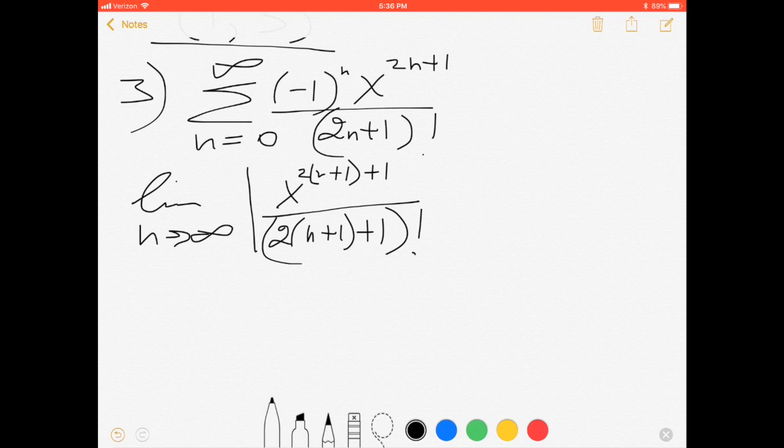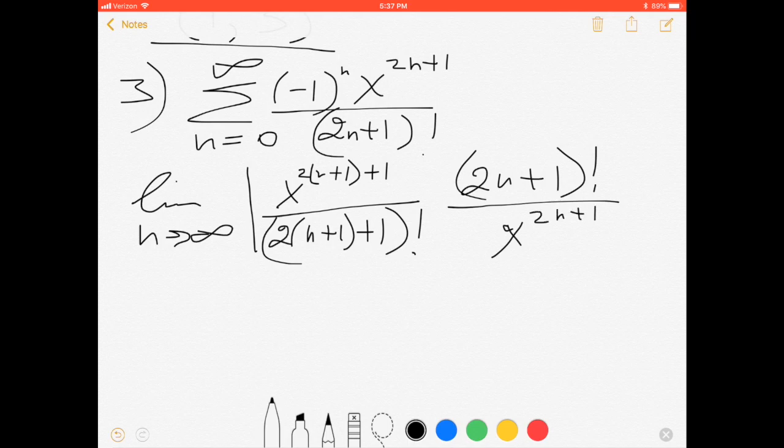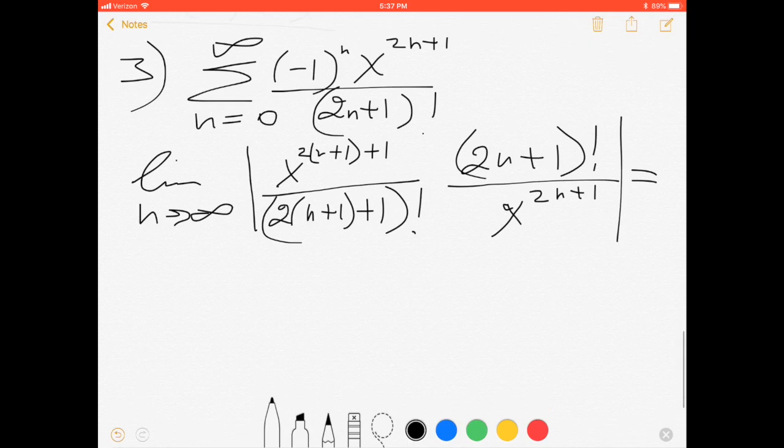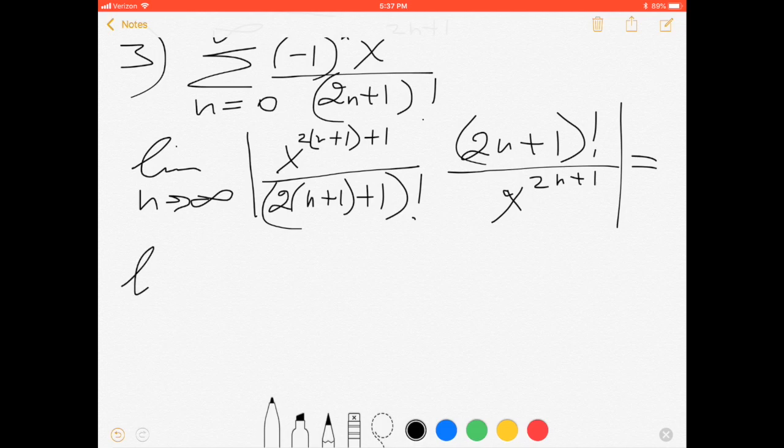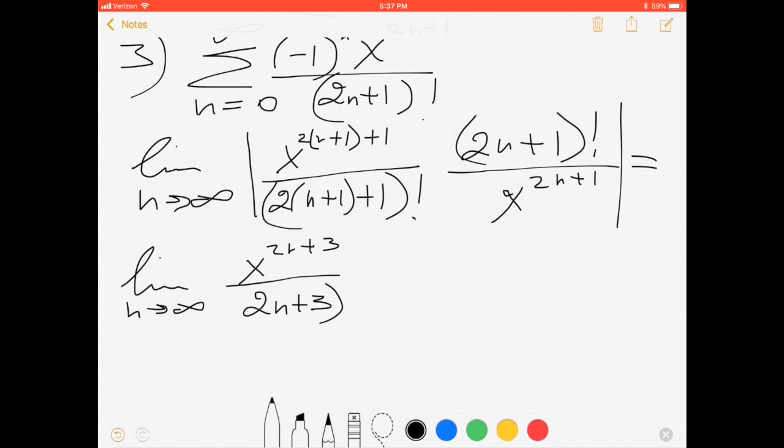Divide by a_n, this means multiply by the flipped fraction: (2n plus 1) factorial over x to the power 2n plus 1. Let's simplify a little bit before we start canceling and approaching infinity. Finally, the power of x is 2n plus 2 plus 1, that means 2n plus 3, and here we have (2n plus 3) factorial.